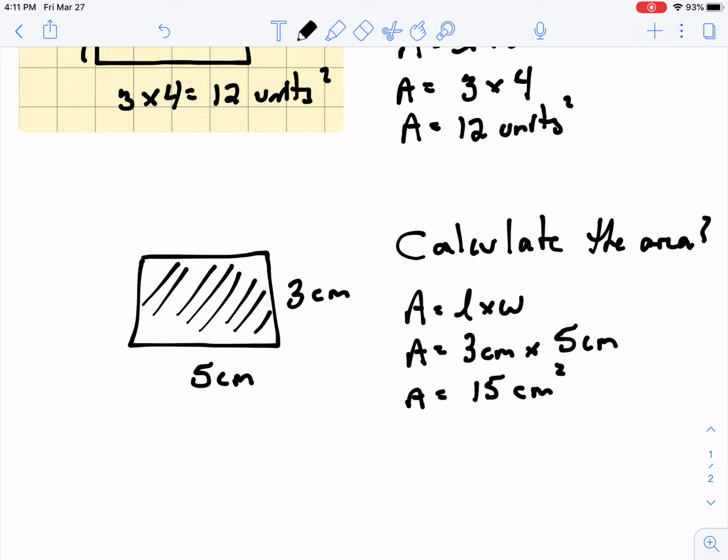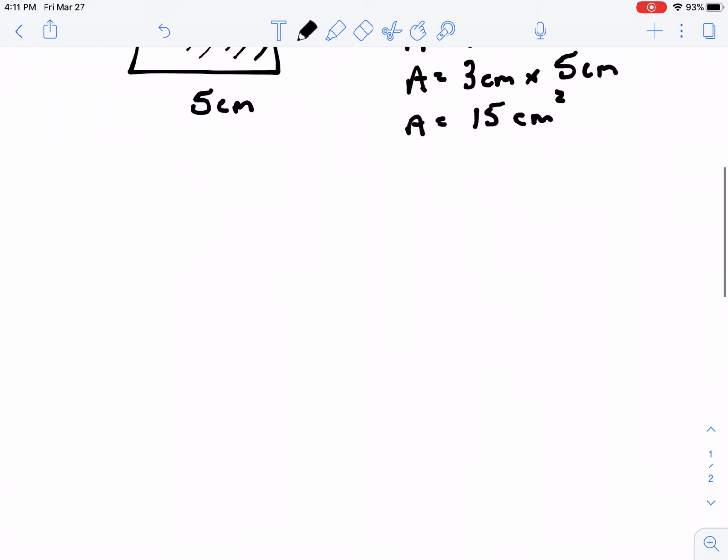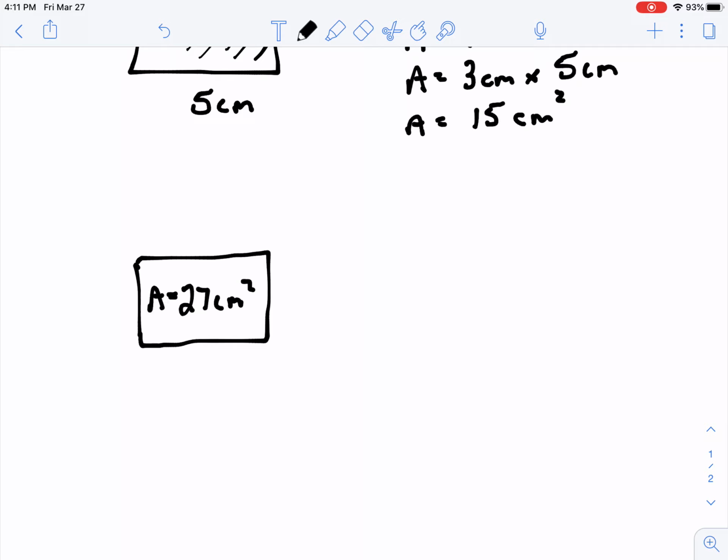Okay, I can make this a little harder though. I can all of a sudden give you a scenario like this where I give you a rectangle, and in scenarios like this I could tell you, hey, the area is 27 centimeters squared, and I'm going to put the area inside, and that's simply telling me the squared. Just to draw your attention to it, this squared sign right there is really important because that's telling us that we're dealing with area.